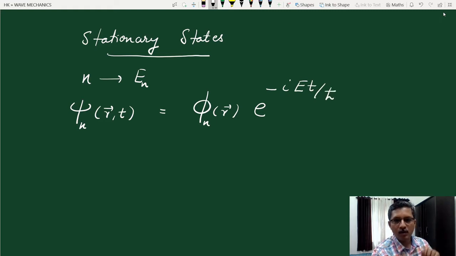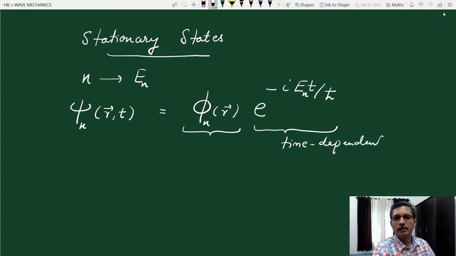Since this particular quantum state has energy En, it is e raised to minus i En t by h cross. So this is the position dependent part, and this is the time dependent part of the total wave function.